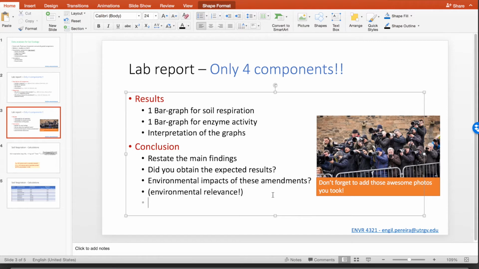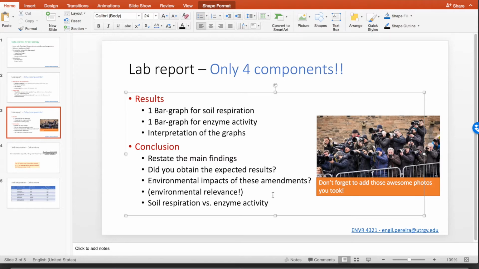Also, another thing I didn't mention, it would be nice if you compare the data you obtain under soil respiration versus the data from the enzyme activity. Did both give you the same type of results, or it wasn't the same trend across all your samples?